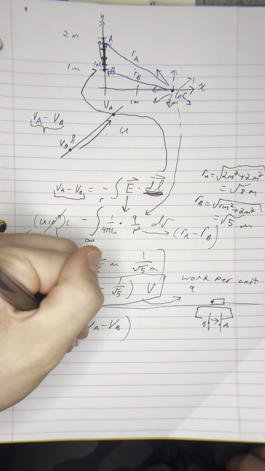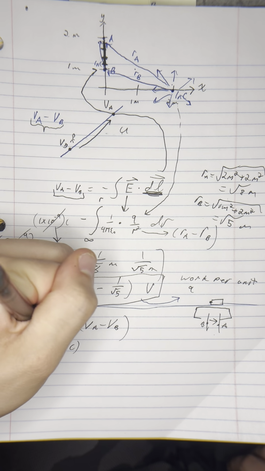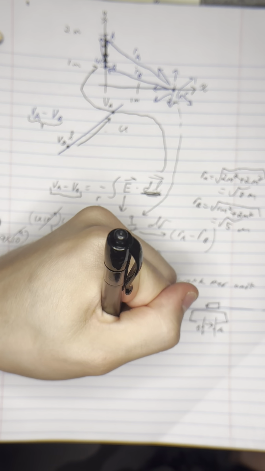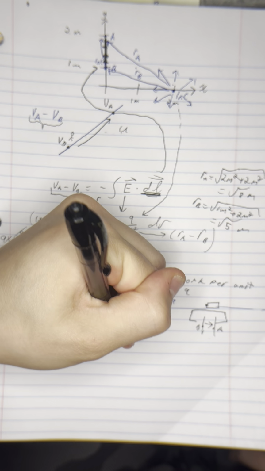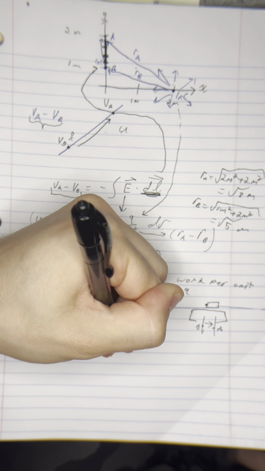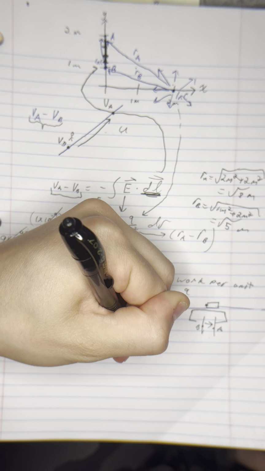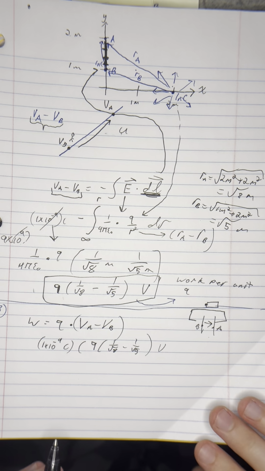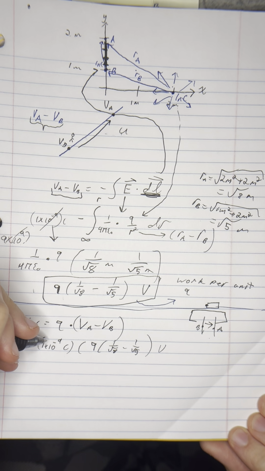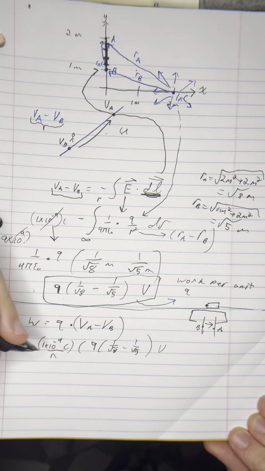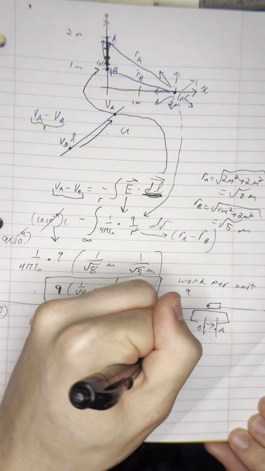So there's just 1. And then we multiply this by our 9 times, what was it, 1 over square root 8 minus 1 over square root 5 volts. And then we could just say the 10 to the -9, we'll just call this nano, and we have coulombs and volts.